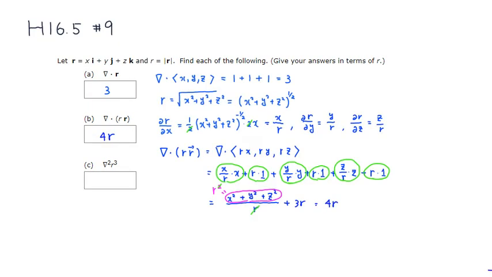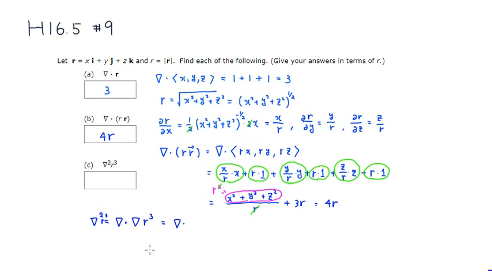Part C: we want to find something that is really the same thing as the divergence of the gradient of r cubed. Sorry, I forgot to put the r cubed there.